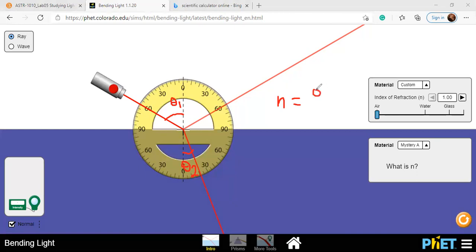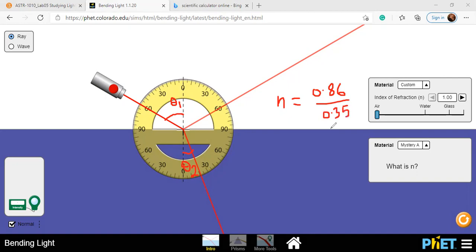Let me put 0.86, divided by this one, which looks like 20. It's a little bit ahead of 20, so I can say 20.5. If I put 20.5 and take the sine, I'm getting 0.35.